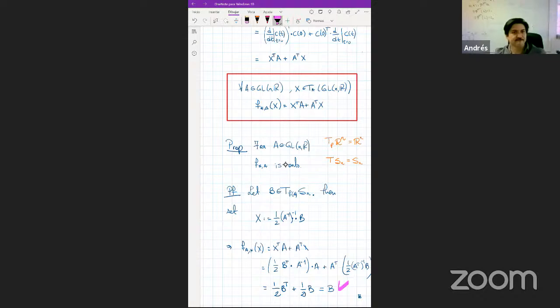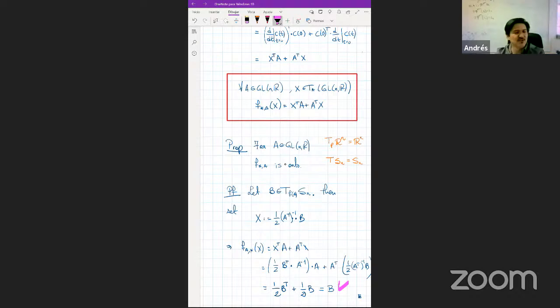Okay? Great. So now that we know that F is surjective, we can compute the dimension of ON. Remember, we have already seen a long time ago that ON was a submanifold.